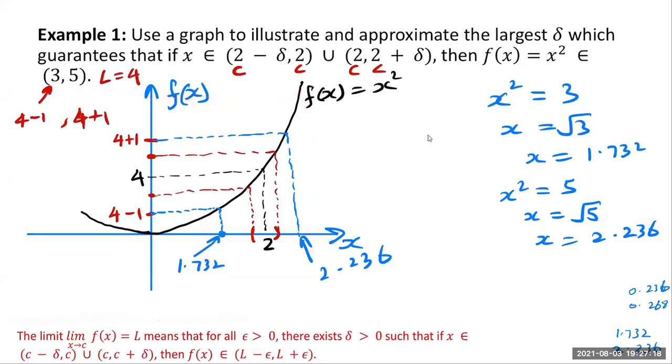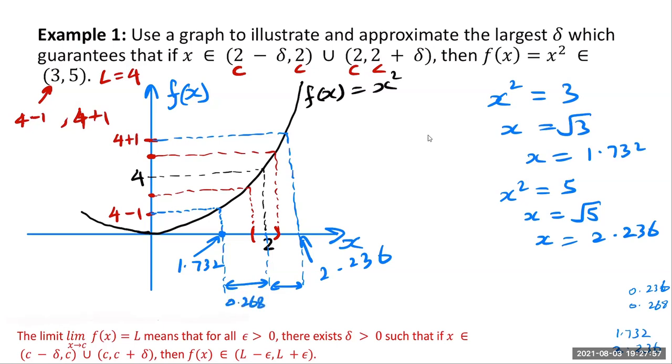So think about how big we can make my delta. To figure that out, I'm going to compute this length, and I'm going to compute this length. You can compute this length by subtracting 1.732 from 2, and you will get 0.268.